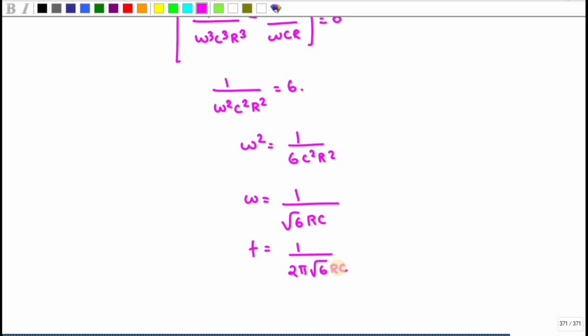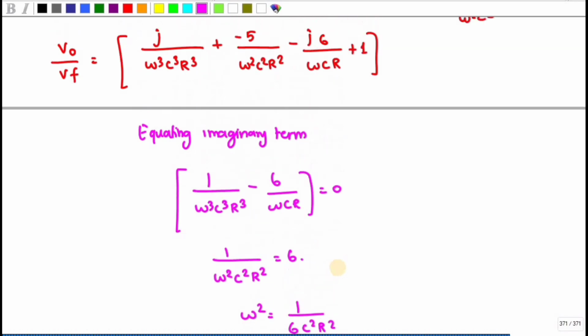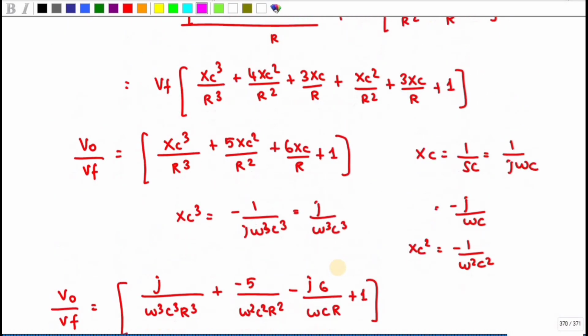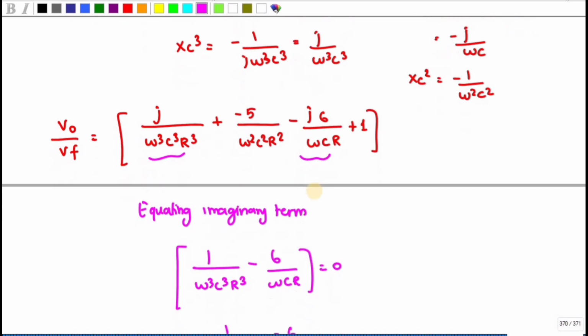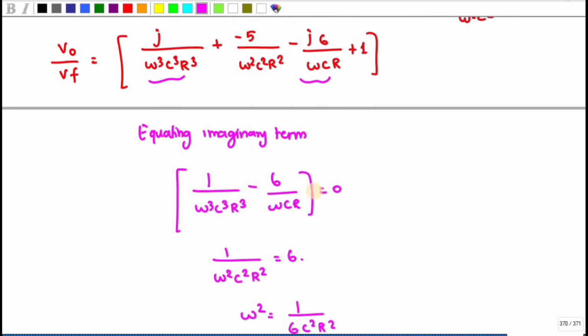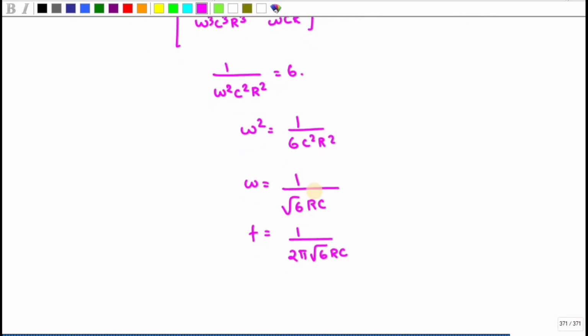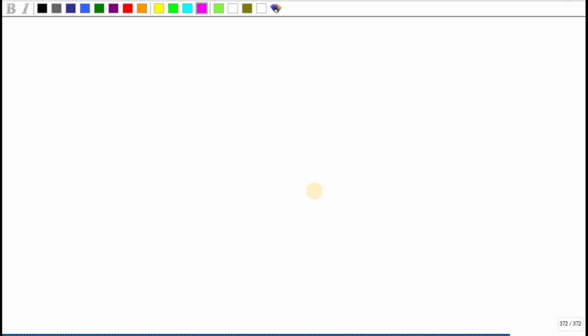Okay. From this I have equated these two terms, right? Now I'm going to equate the real term. So if I equate the real term, what is V naught by Vf?